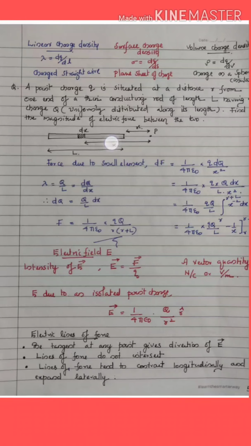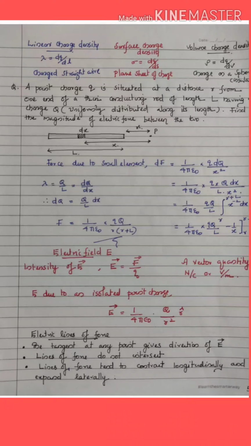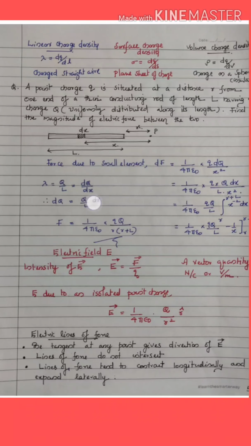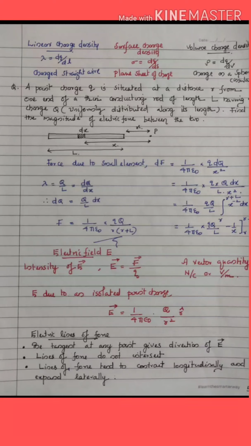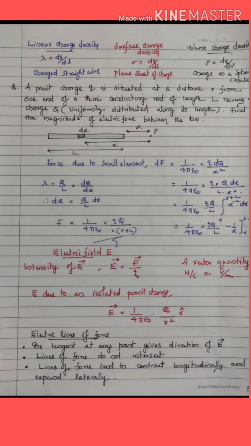Here the variable is x, so we have to convert dq in terms of dx. Using the linear charge density, we can write Q by capital L equals dq by dx, so dq is Q by capital L into dx. Then substitute, and find the total contribution by integrating between the limits r to r plus L. Then you get the answer.